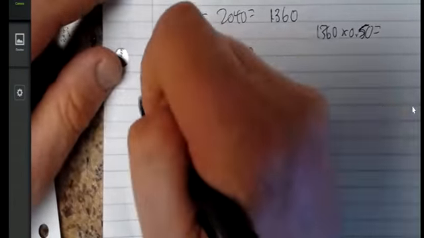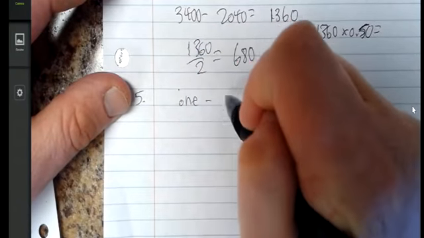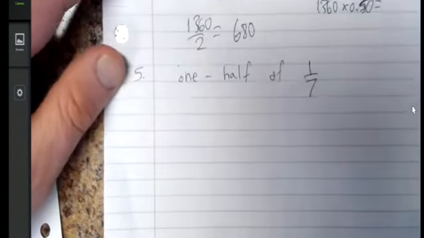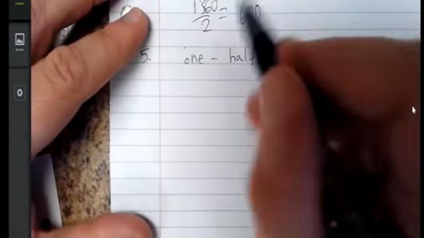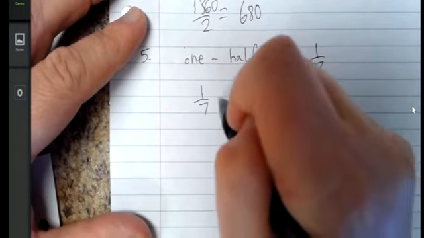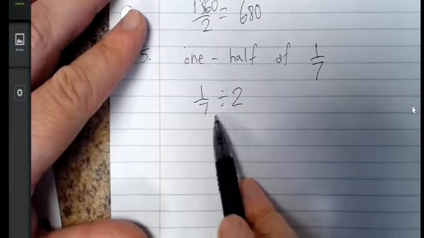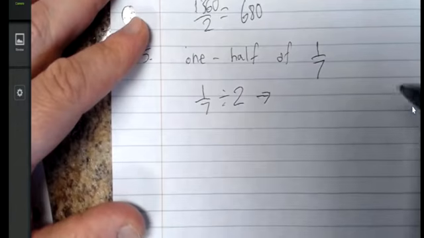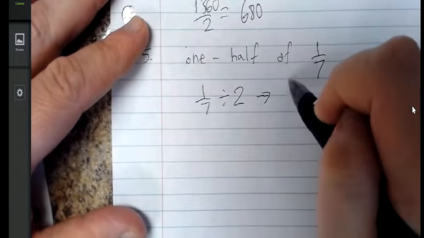What's 1/2 of 1/7? How do you get 1/2 of something? Either times 0.50 or you can divide by 2. I'd prefer to do divide by 2. So 1/7 times 1/2, or 1/7 divided by 2. I can write 2 as a fraction, 2 over 1.